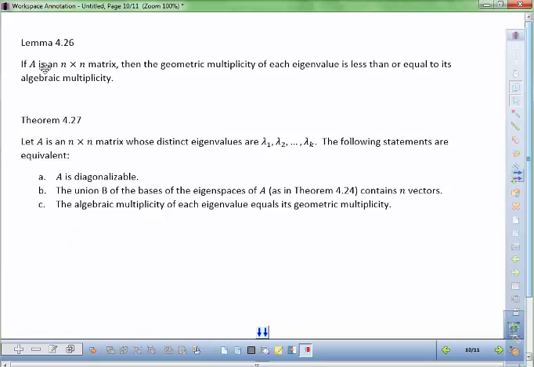This lemma says that if A is an n by n matrix, then the geometric multiplicity for each eigenvalue is less than or equal to its algebraic multiplicity. And if we want it to be diagonalizable, then the eigenvalues with algebraic multiplicity bigger than 1 will have the exact same geometric multiplicity.